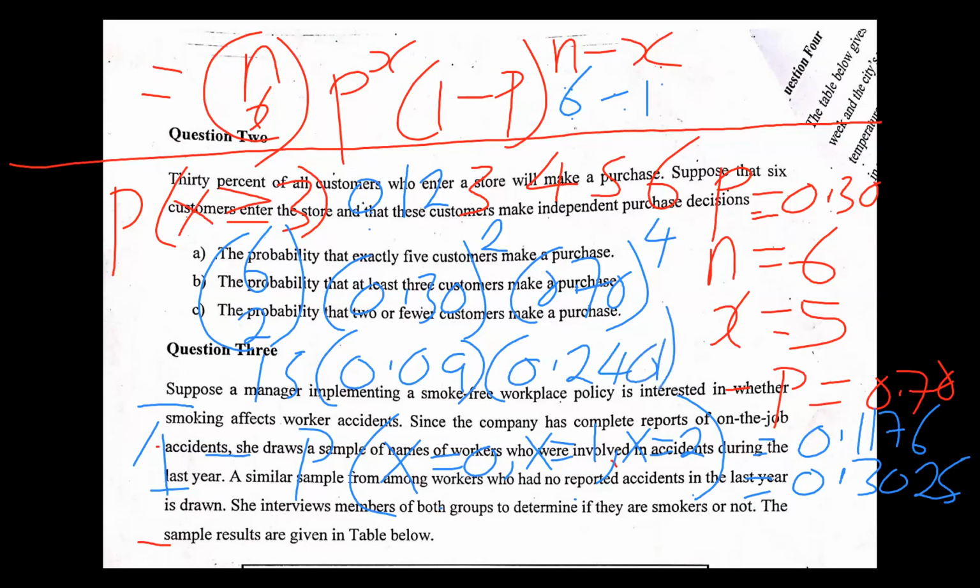So now you have to multiply the 3 of them together. 15 times 0.09 times 0.2401.